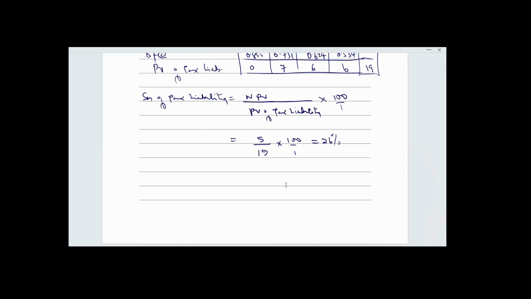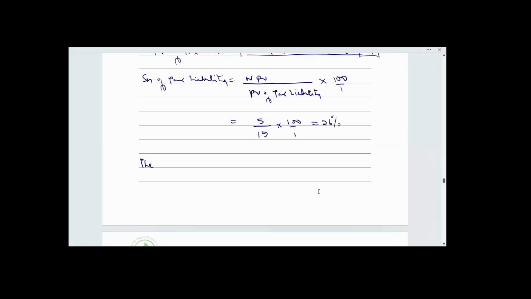Therefore, the tax liability should not be allowed to increase beyond 26%, otherwise the project will not be viable. Each time you compute your sensitivity margin, you are supposed to interpret your results.